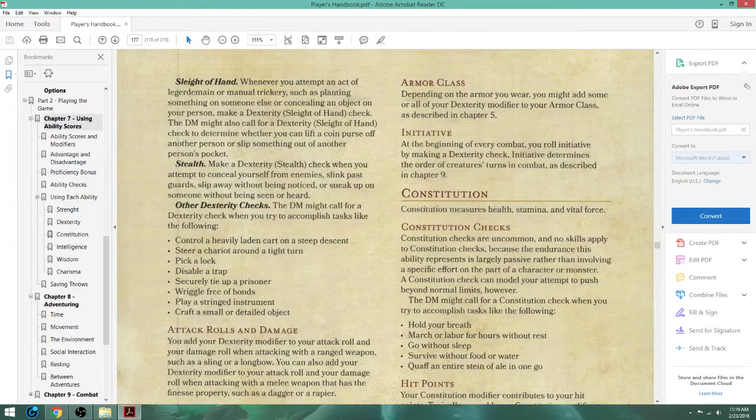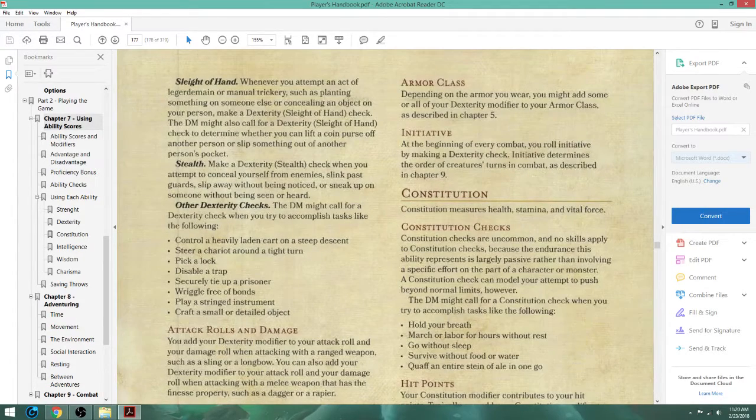Also, sleight of hand. Sleight of hand is usually a contested roll that you have to make between somebody and somebody else. Well, actually, no, that's wrong. So, basically, sleight of hand is great for when you're trying to be stealthy with your hands. So, if you're casting a spell and you're trying to not let people notice you because it's only somatic, which is your hand gestures, and you're trying to be stealthy about it, then that would be a sleight of hand check.